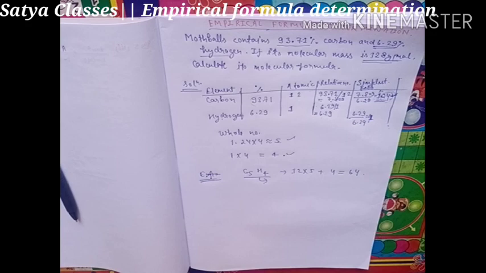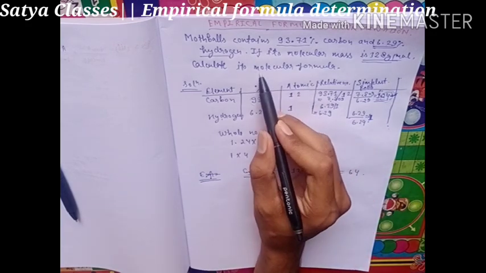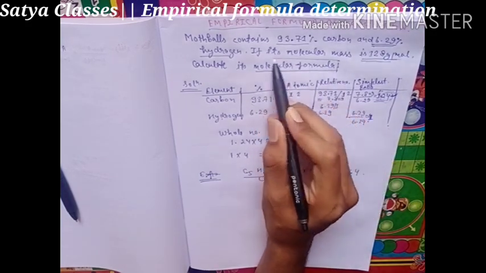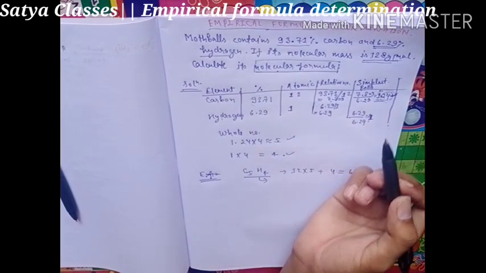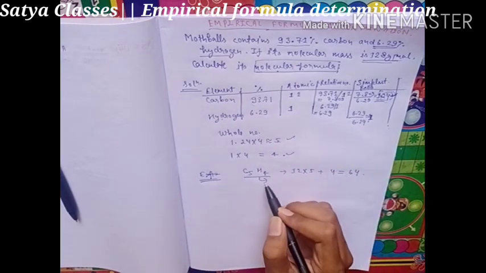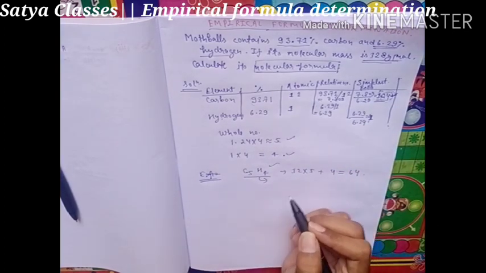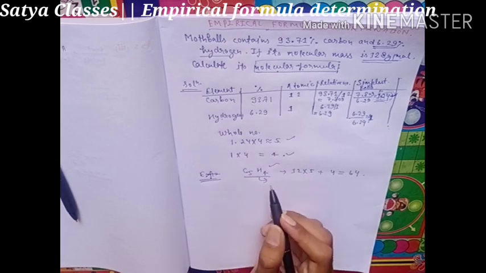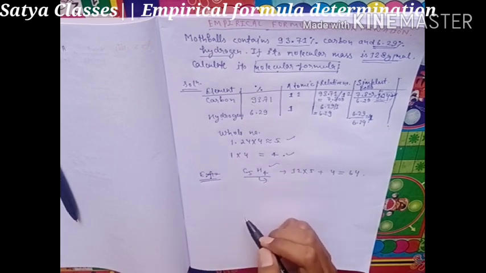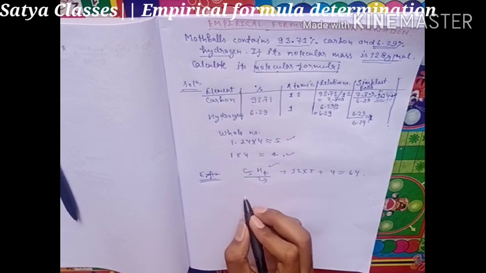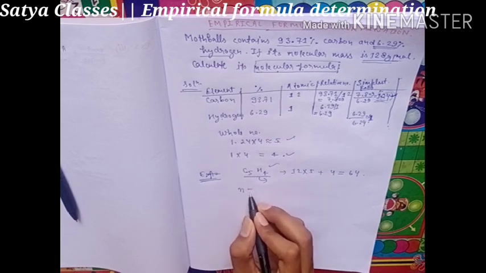Now you have to find the molecular formula. For determining it, first of all we have calculated the empirical formula. Now we have to shift from the empirical formula to the molecular formula. For this purpose we have to find the n factor.